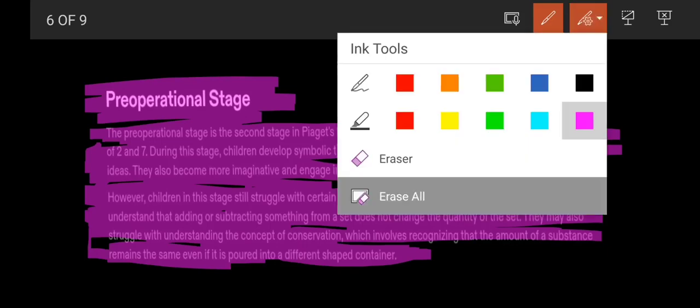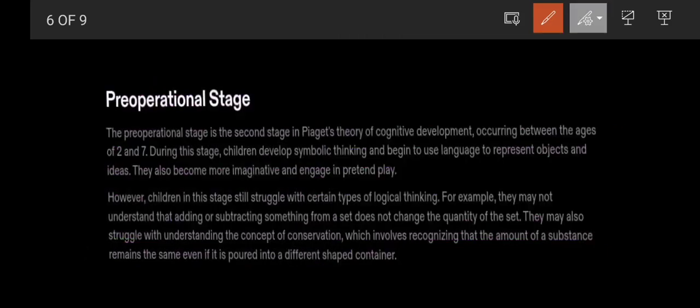Okay, so let us see what this is. Here, the child may not understand that adding or subtracting something from a set does not change the quantity of the set.